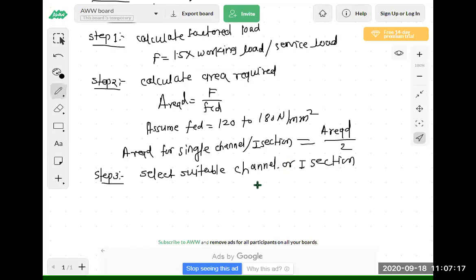It means C section or I section, and find the properties. Okay, so this is step number 3.